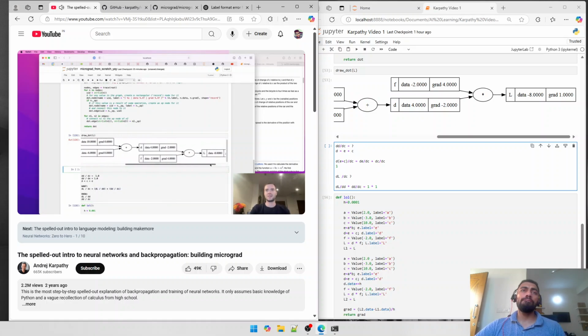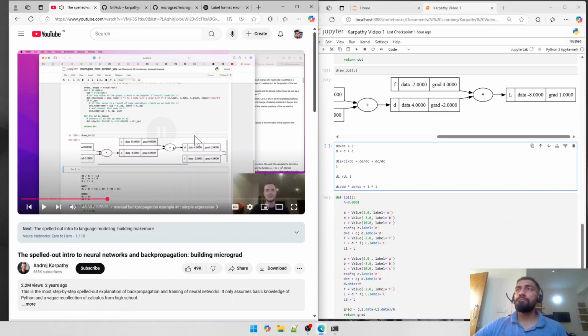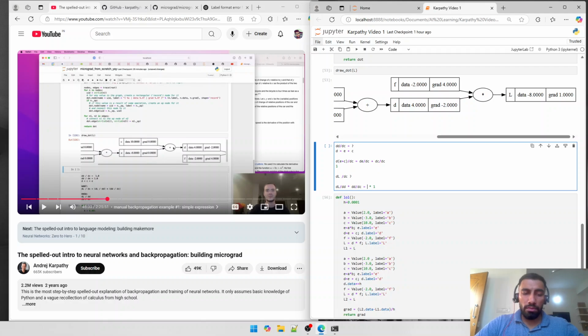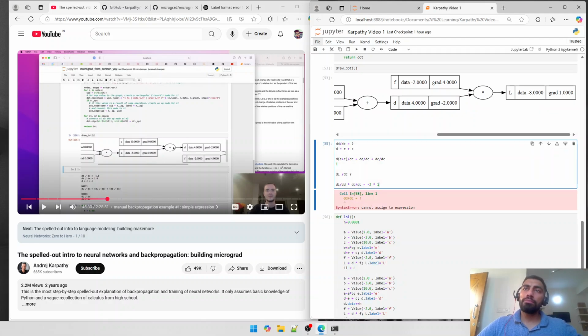So because dL by dD is negative 2, what is dL by dC? Well, it's the local gradient 1.0 times dL by dD, which is negative 2.